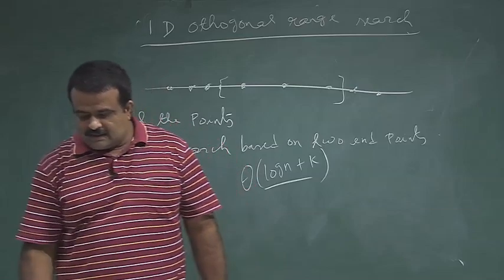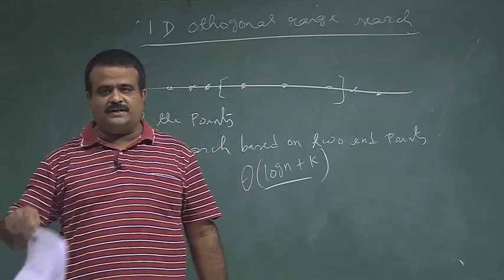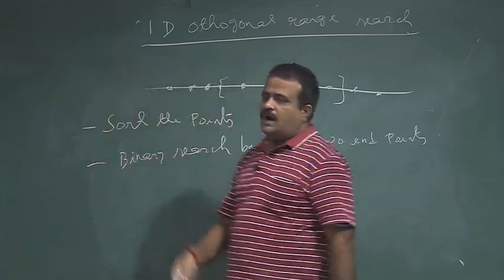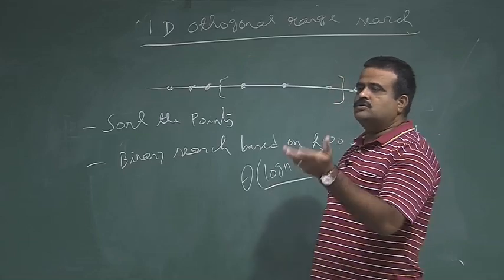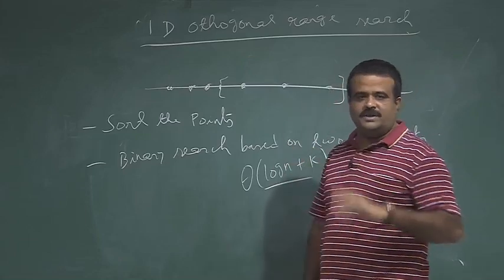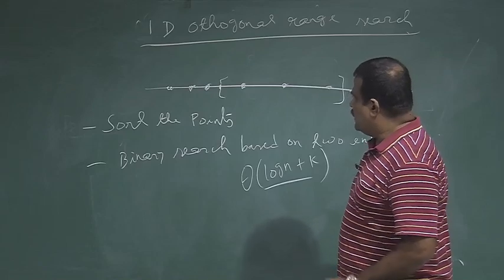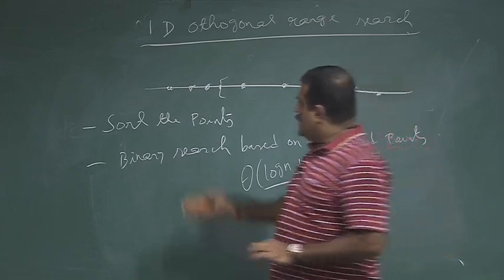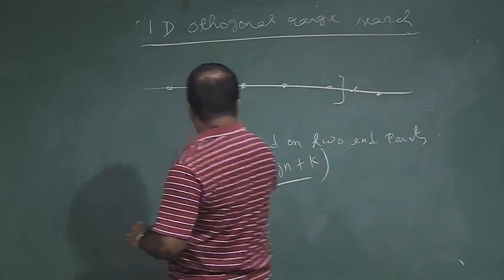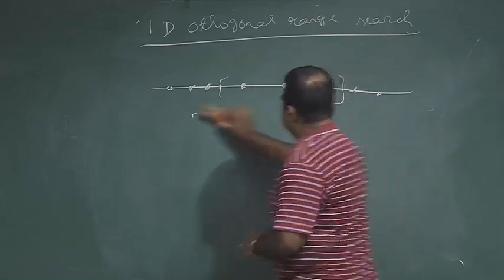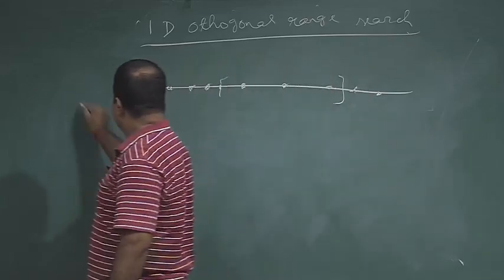But we cannot extend this to higher dimensions so easily, because we have to decide which coordinate to sort: in higher dimensions we have many coordinates, x coordinate, y coordinate. So, another way is to use the interval tree. We know the interval tree.